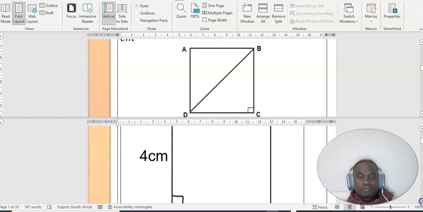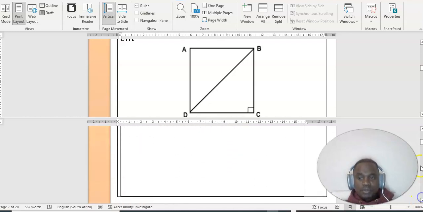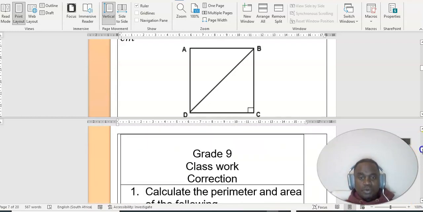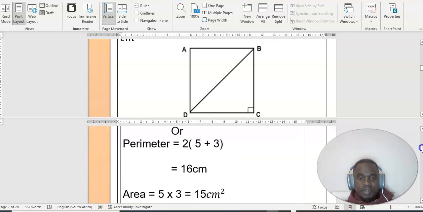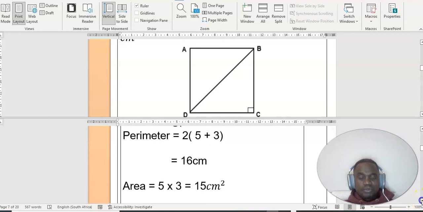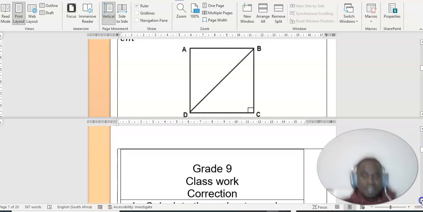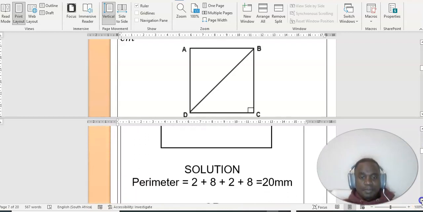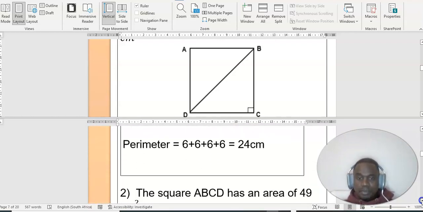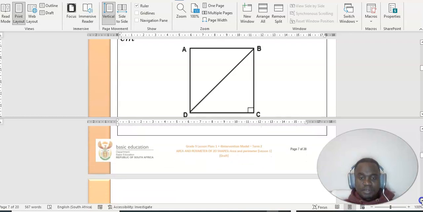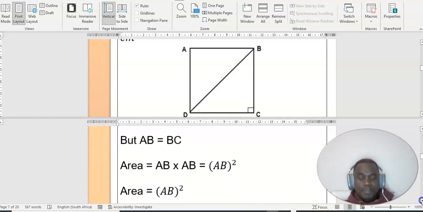Now, what are we going to do now with this question? To find the diagonal, let me just scroll this down and explain that part.